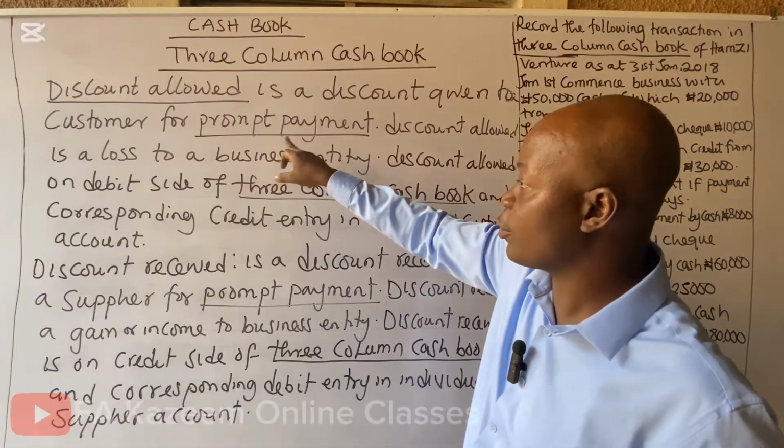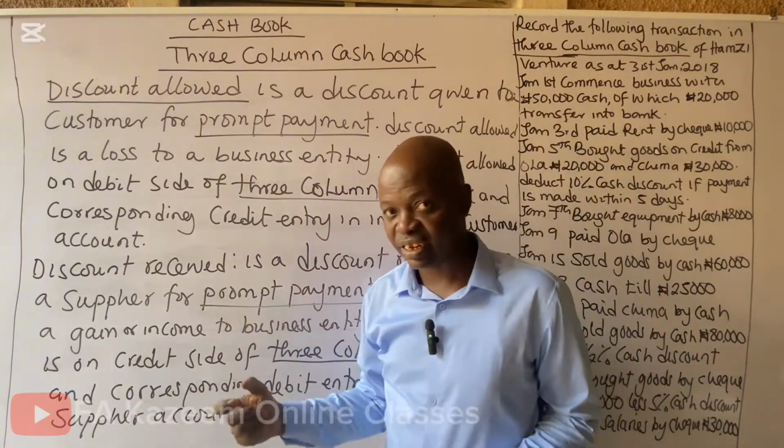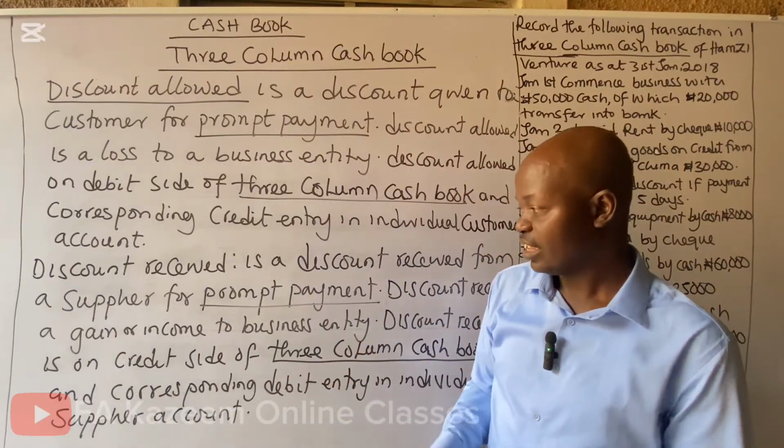While discount allowed is a loss to a business, discount received is a gain to a business entity.